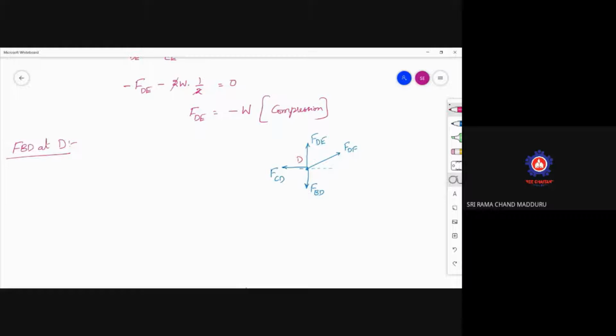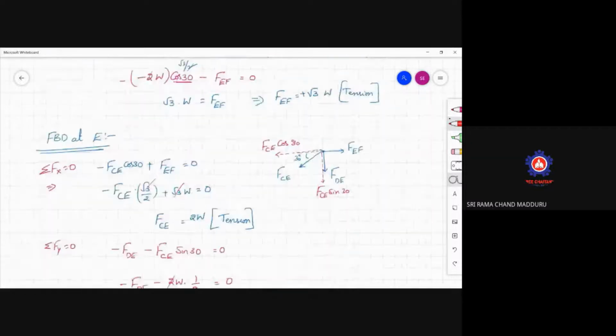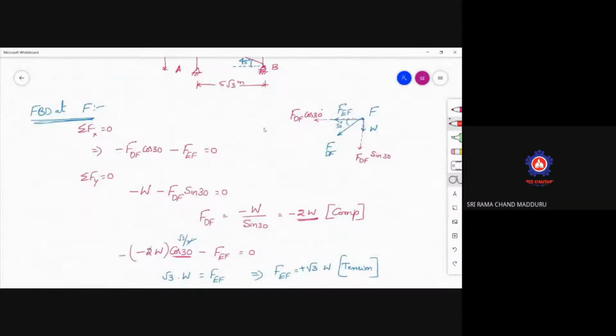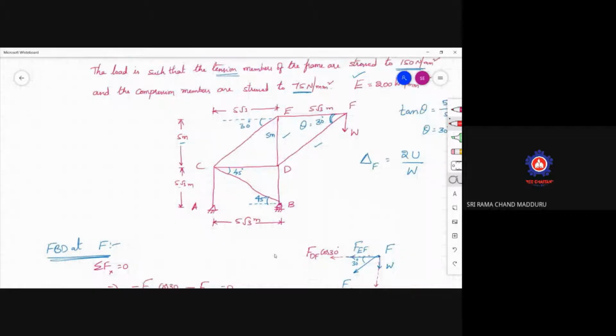Now we have the inclined forces to be resolved. So resolve the inclined forces. This is force in DF. What is the angle here? This angle is 30 degrees. Just see the diagram. This is making a 30 degree angle with respect to the horizontal, and this is also 30 degrees.